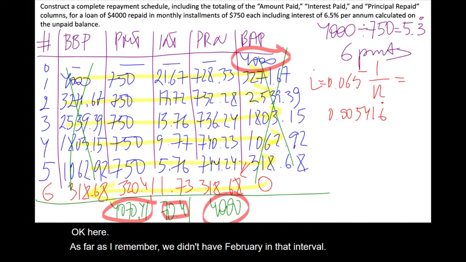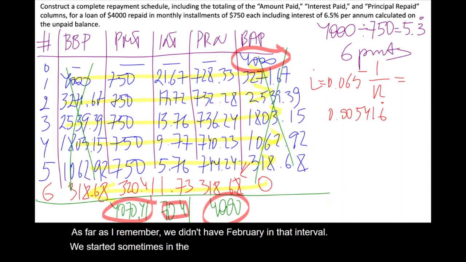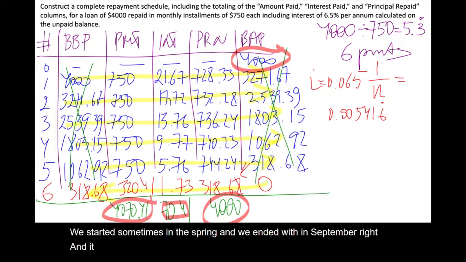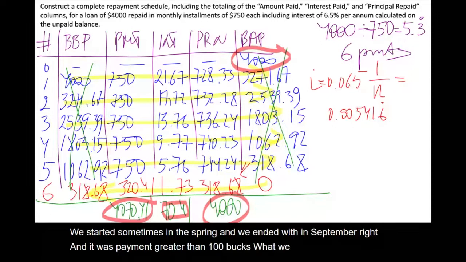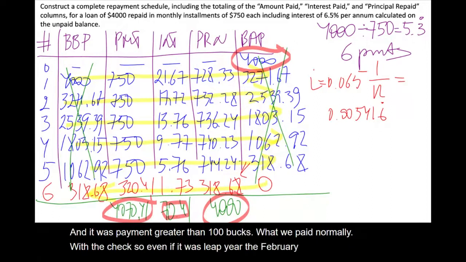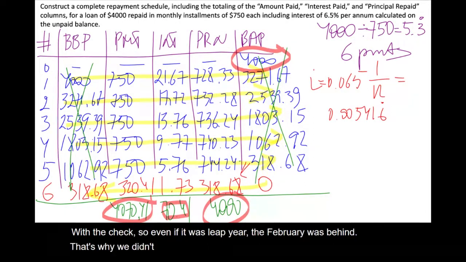We started sometime in the spring and ended in September. And the payment was greater than $100, what we normally paid with a check. So even if it was a leap year, February was behind. That's why we didn't have to consider that. Makes sense. Okay. Thank you.